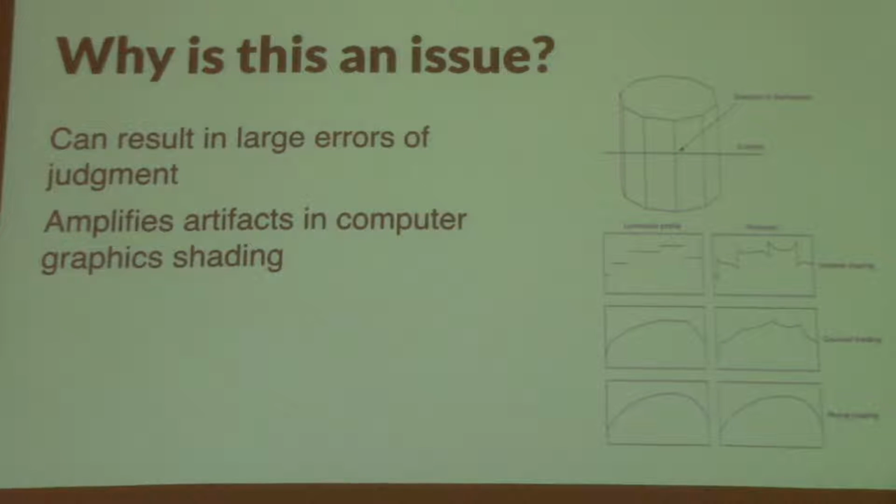This slide is interesting, of course, for people from Utah, because Phong shading was developed at Utah. So why is this an issue? It's not too much of an issue in visualization, but it is an issue in computer graphics. This can result in large areas of judgment. If you have an approximate shape that you build from polygons, and you have a scan line here, and you color these uniformly, then you would have a luminance profile like this.